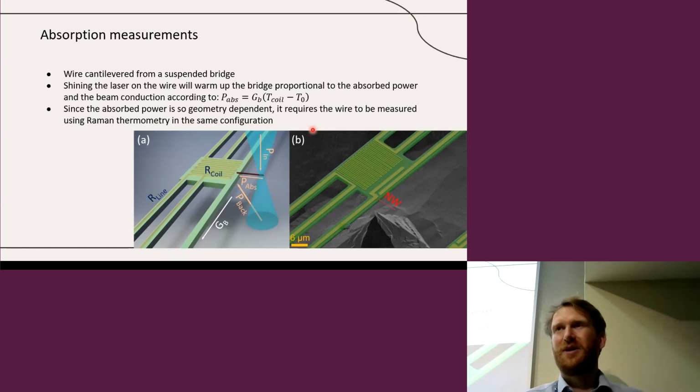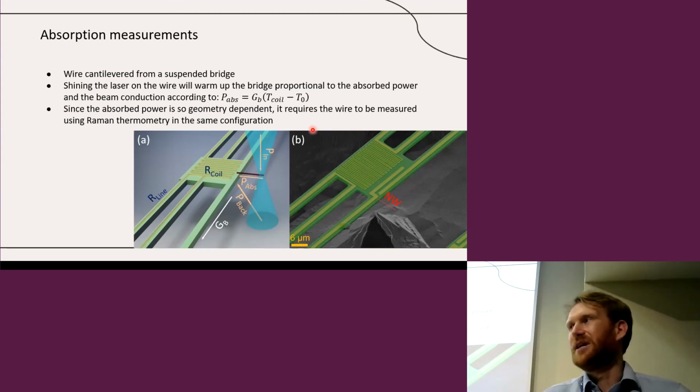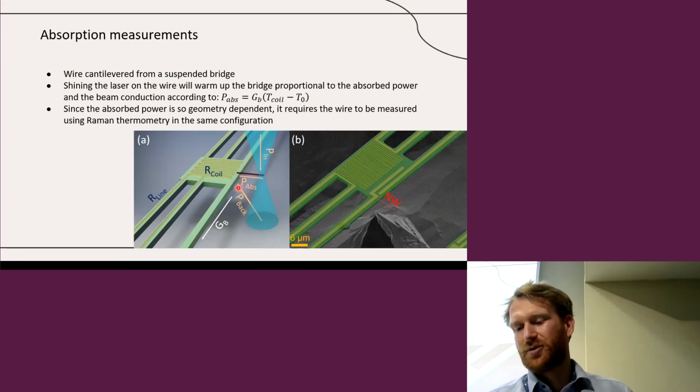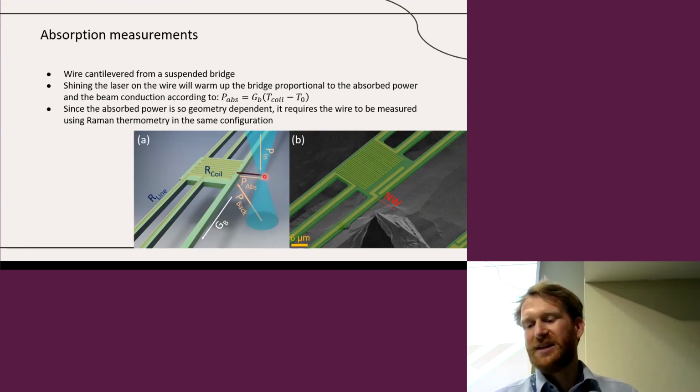As I said, these suspended structures are very good at measuring even very small increases in temperature. And since the increase in temperature is directly proportional to the heat that is flowing through these structures, we can measure how much heat is absorbed inside the wire, because the only way this heat can flow out of this wire is through this suspended structure and then through the beam.